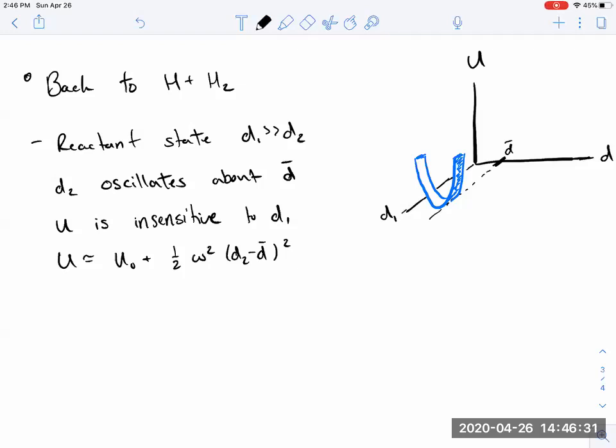Something like that, where the value of the minimum relative to the floor is our u naught, right?